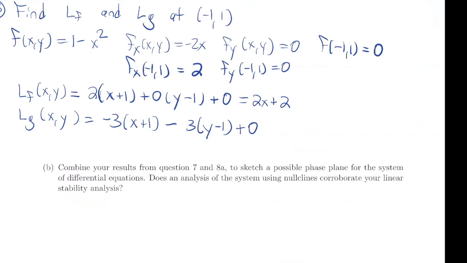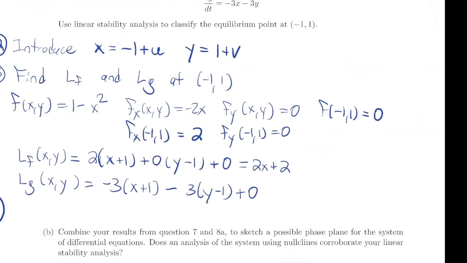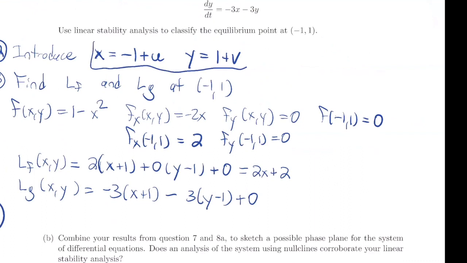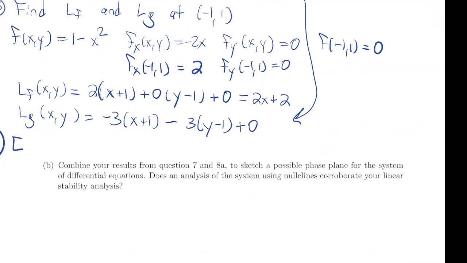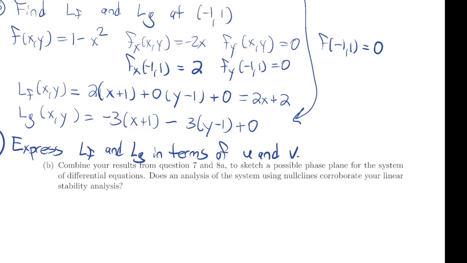Okay, and then to get our polished linearization written in terms of u's and v's, we would substitute those into these linearizations and express them in terms of u and v instead of x and y.